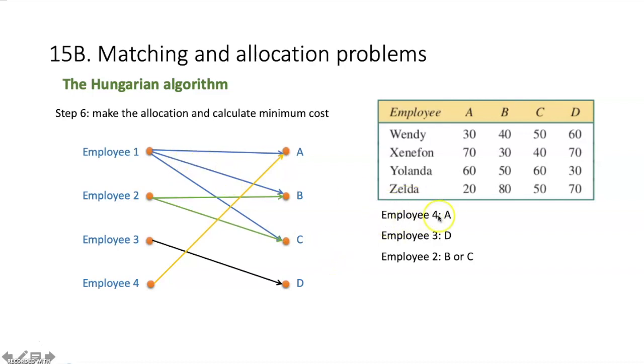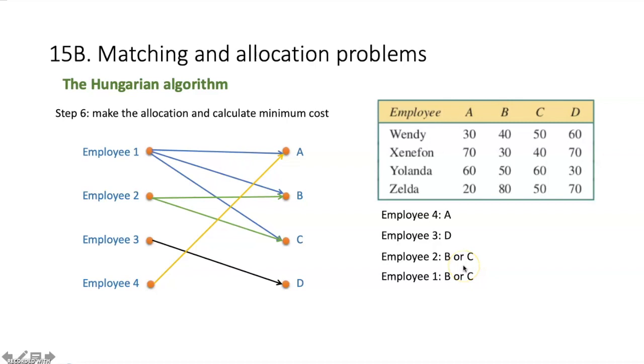Since employee 4 must use machine A, employee 2 is left with B and C. Now we need to consider whether we assign employee 2 to use machine B, then employee 1 will be C, or employee 2 to use machine C and employee 1 will be B. If we assign employee 2 to use machine B, it will be 30 and employee 1 will be C, which is 50. So the time will be 80 minutes.